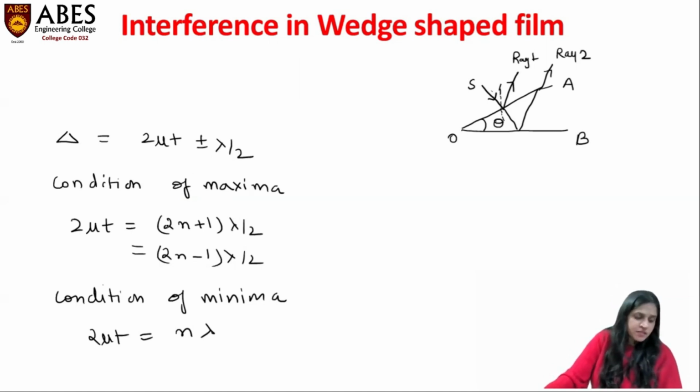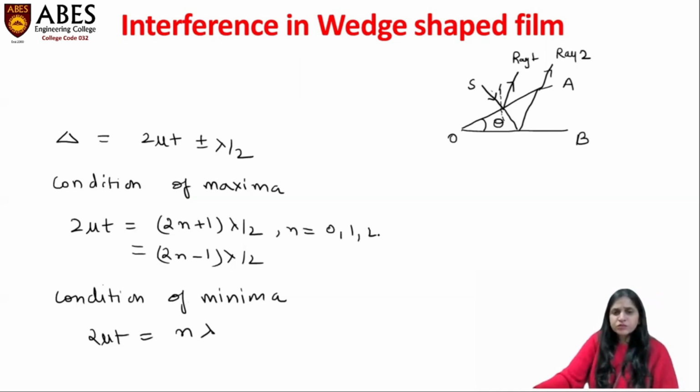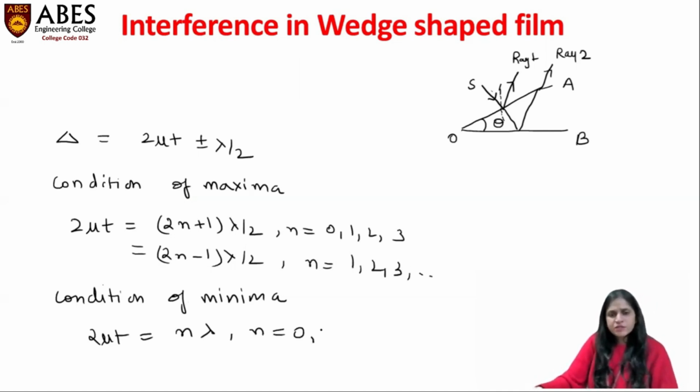If we consider the condition of maxima and minima, we see that it is 2n plus 1 lambda by 2, so the value of n starts from 0, 1, 2, 3 over here. And in this case, the value of n starts from 1, 2, 3, and so on. And in this case, the value of n starts from 0, 1, 2, 3.